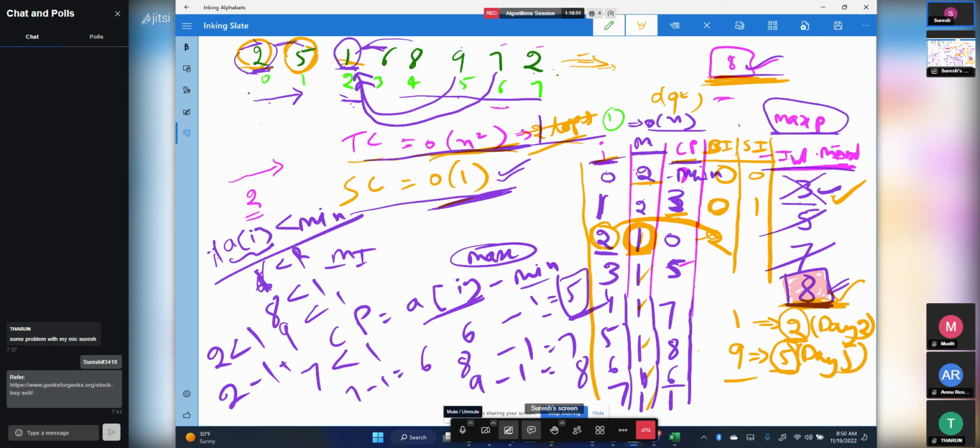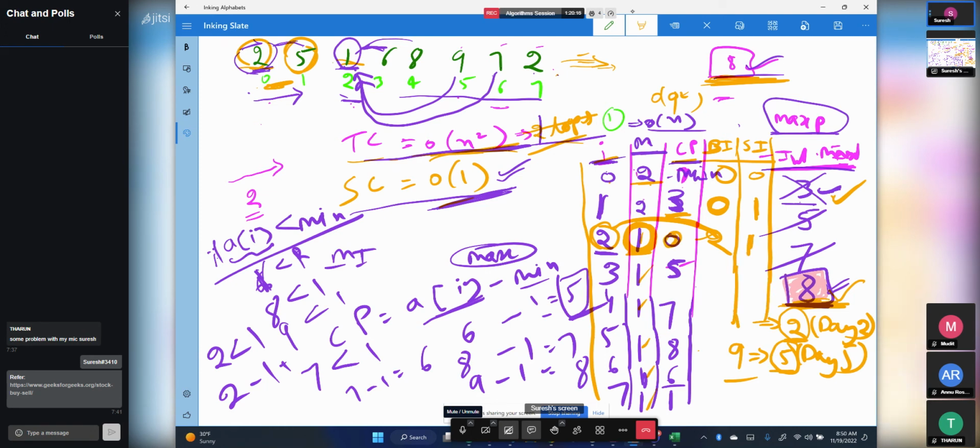But when i equals 2, you got a new minimum, and there is no profit here, so the sell index is still 1.